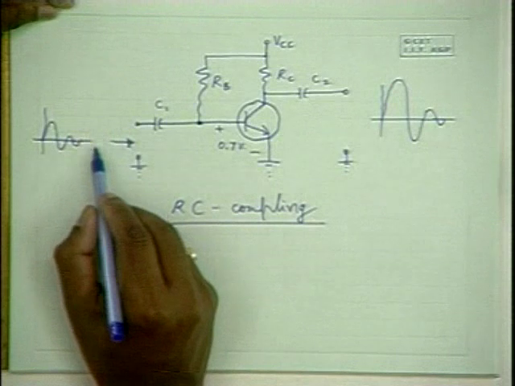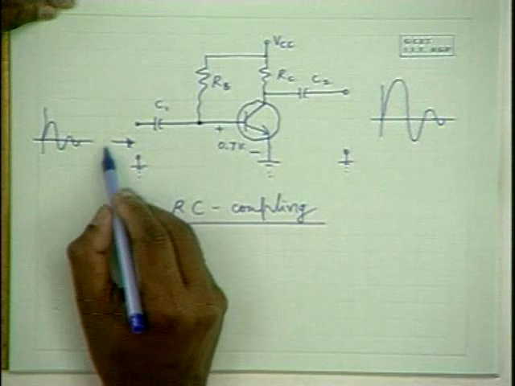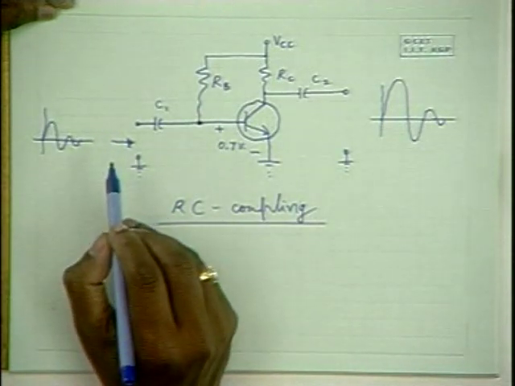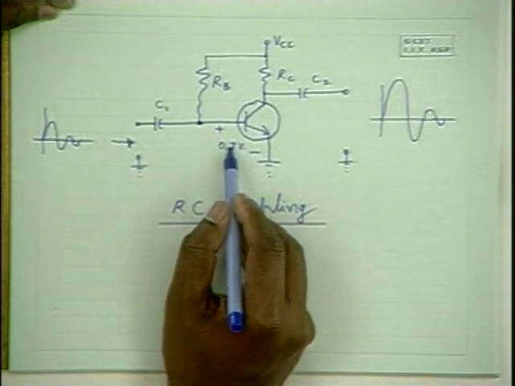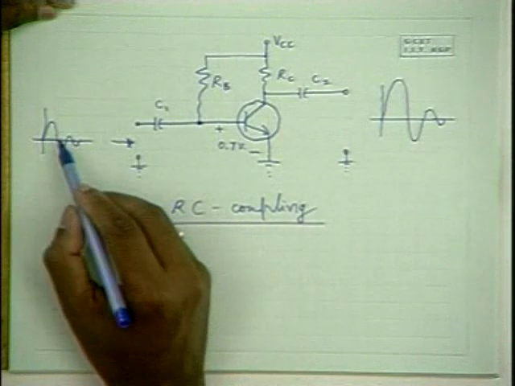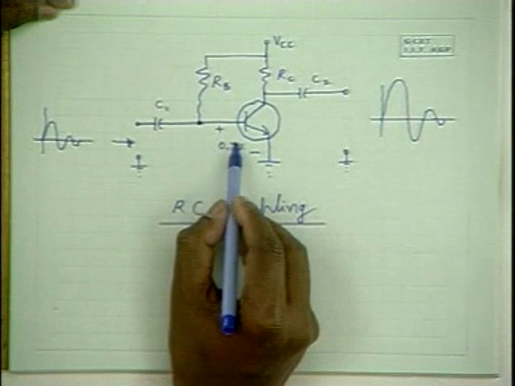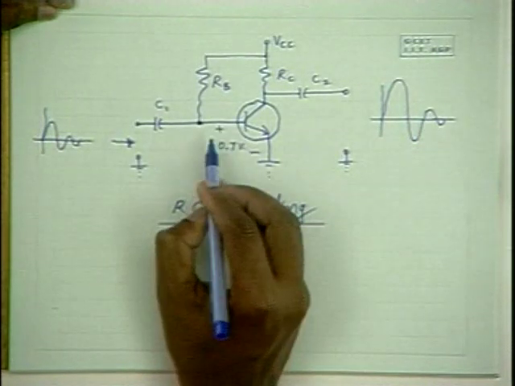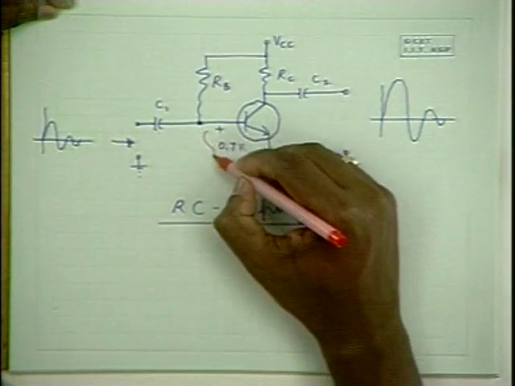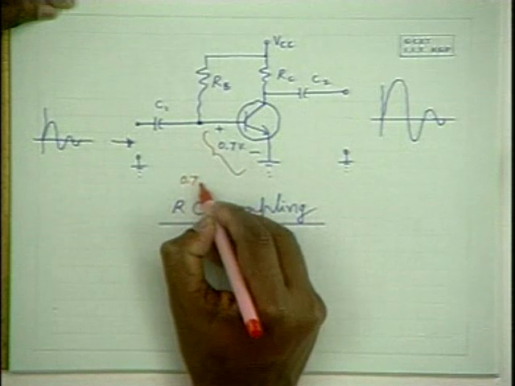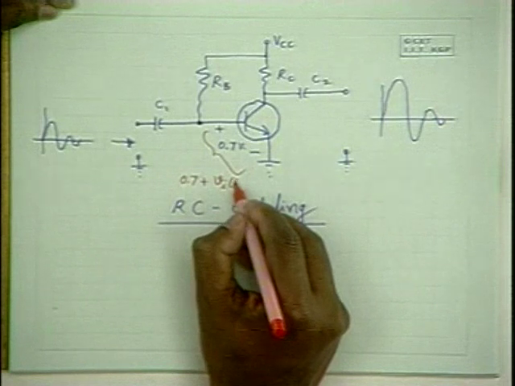And you look at the left side, here the signal is totally alternating. It has 0 DC component. Now this side the DC is 0, and this side the DC is 0.7 volts. Whatever alternating signal we are going to add now, we want to add it to this 0.7 volts. So we want to make this voltage effectively equal to 0.7 plus some small alternating voltage.